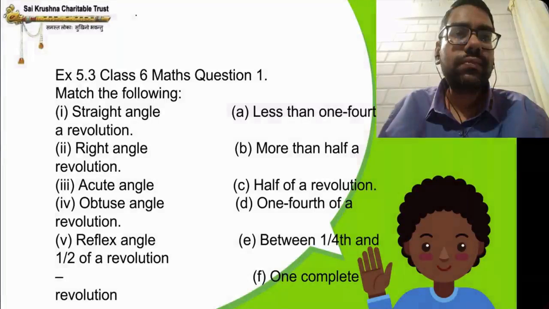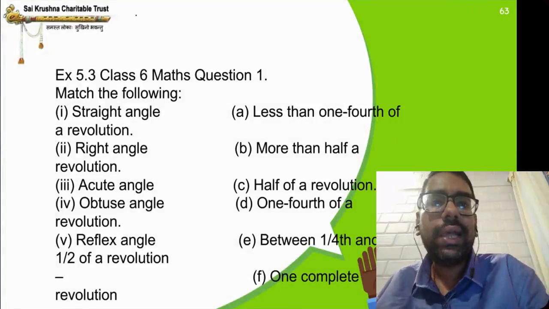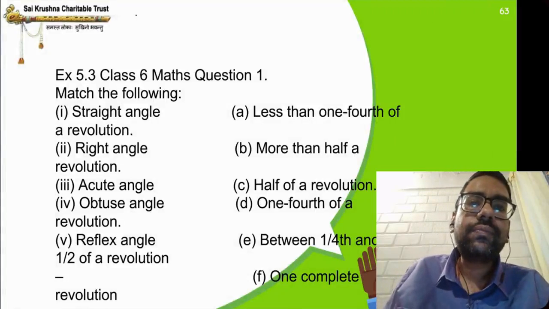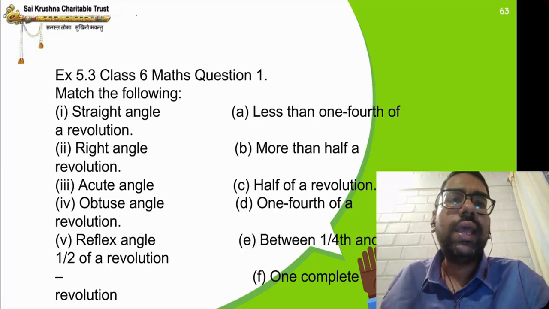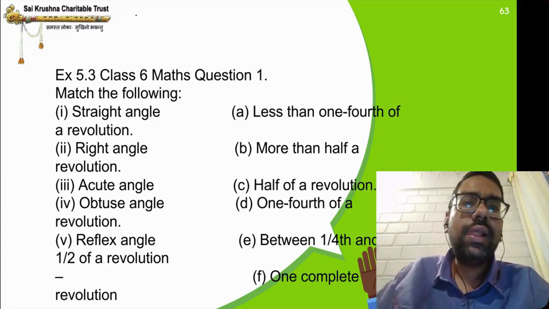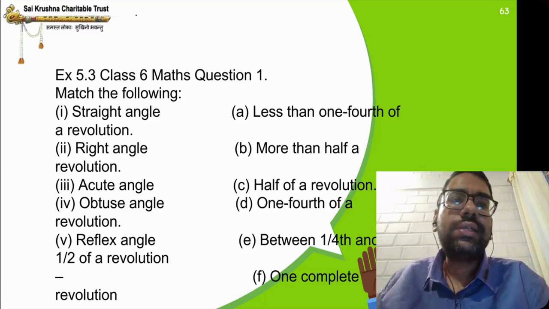Okay. We'll do some exercises. Exercise 5.3, class 6 maths, question 1. Match the following. Straight angle. A straight angle is two right angles or half a revolution. When the angle formed is 180 degrees, it is called a straight angle.